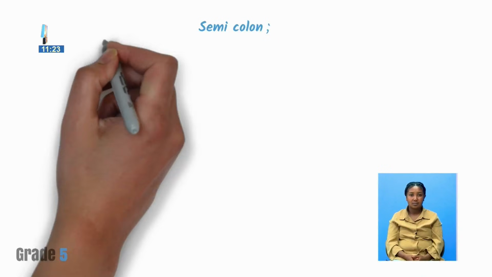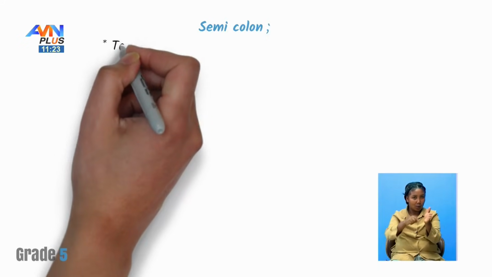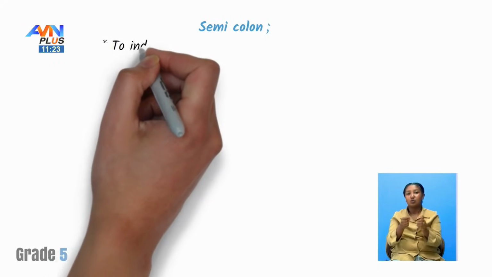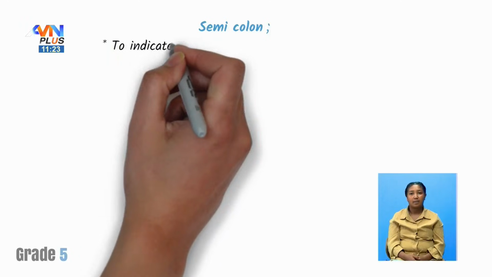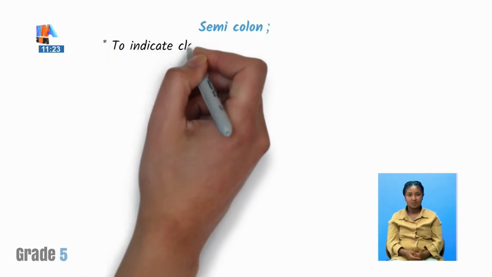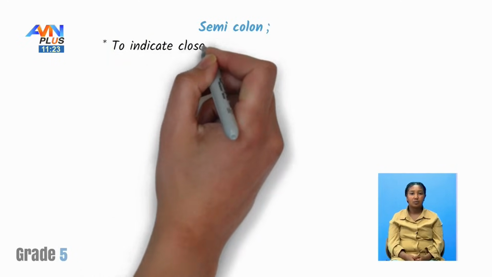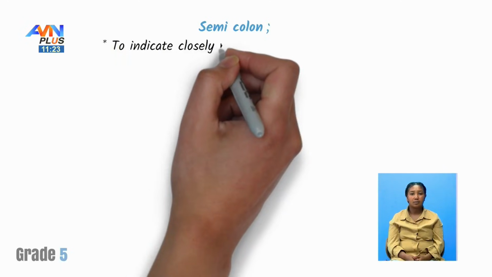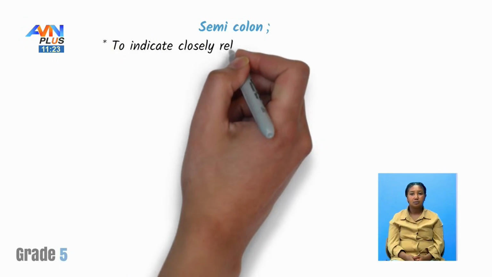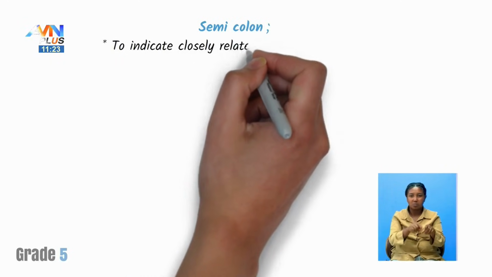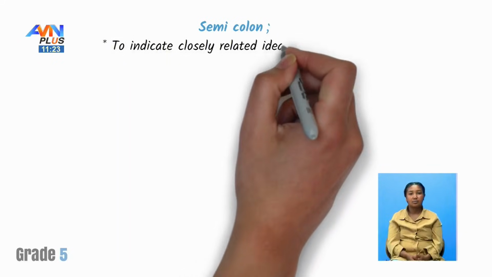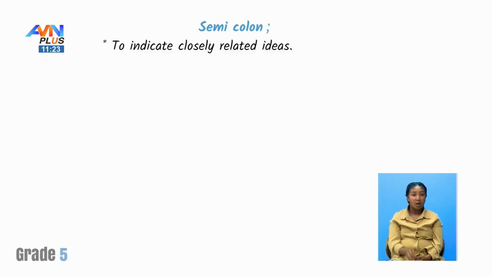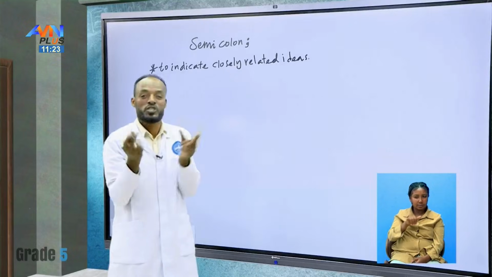So, when do we use semicolon? Yes, we use semicolon, one, to show or to indicate closely related ideas. Okay, the ideas which have a strong relationship.